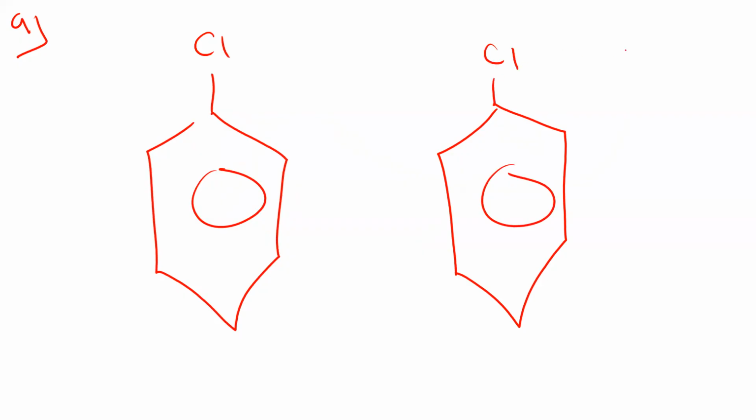If you go to page 811, you're going to see that chlorine is an ortho and para director. So if it's an ortho and para director, you're going to put the bromine here in one case, and you can put the bromine here in the other case. Sorry about that. So it'd be here.